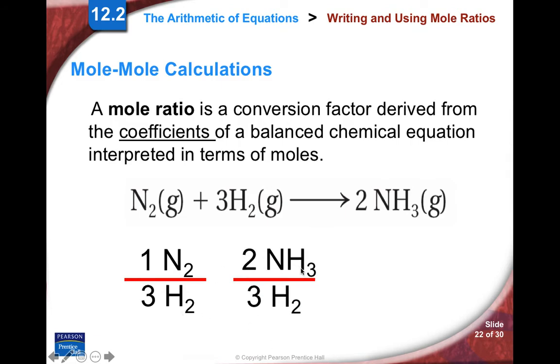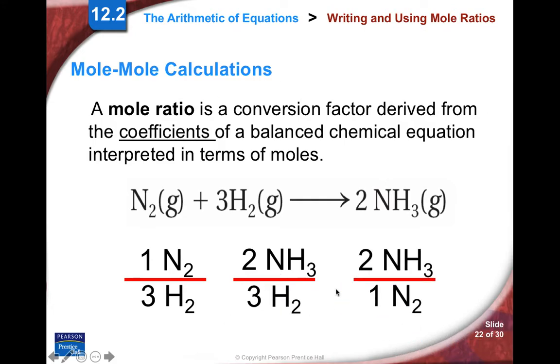Another way to put these numbers together, you're going to make 2 ammonias for every 3 hydrogens, or 2 moles worth for every 3 moles worth, or 2/3 as many ammonia molecules will form as you have hydrogen molecules.